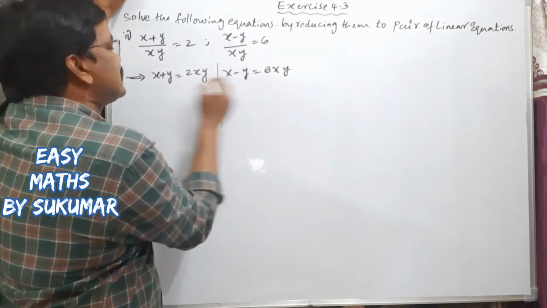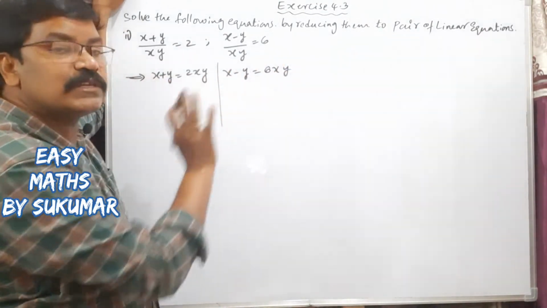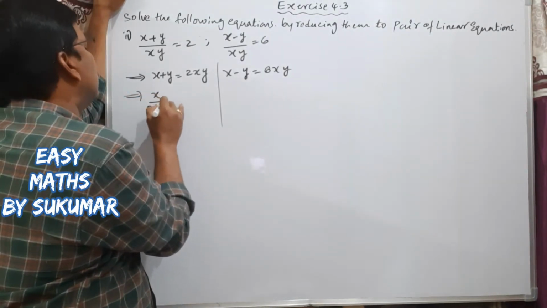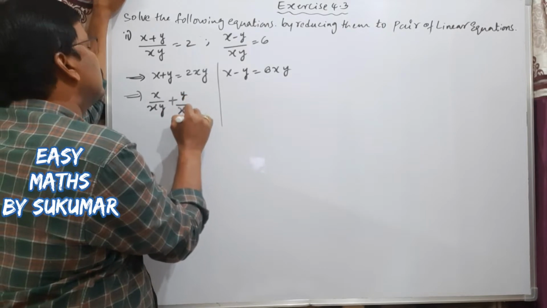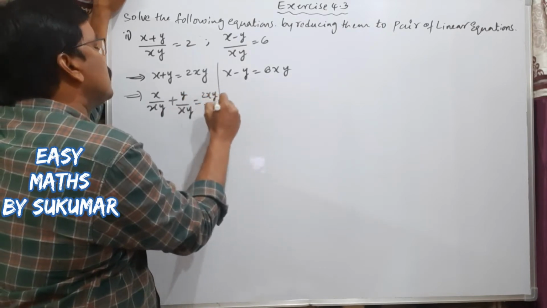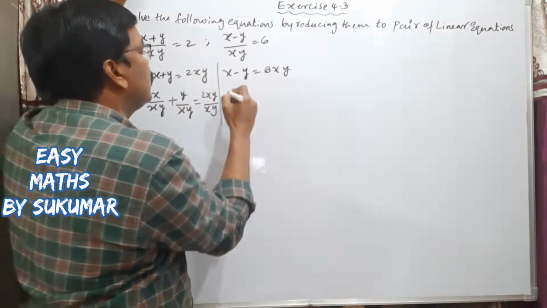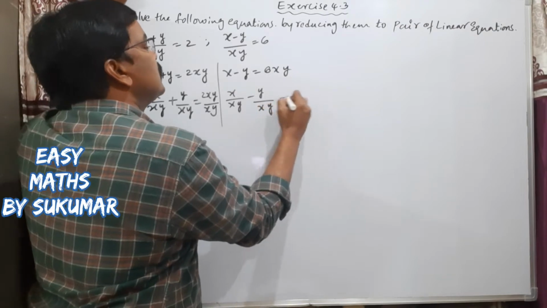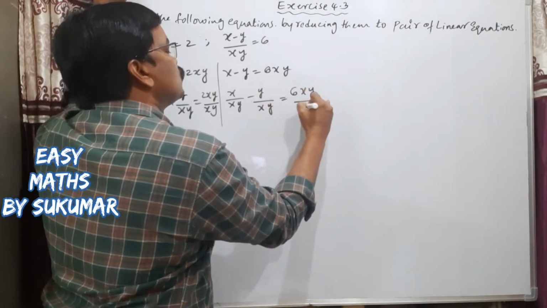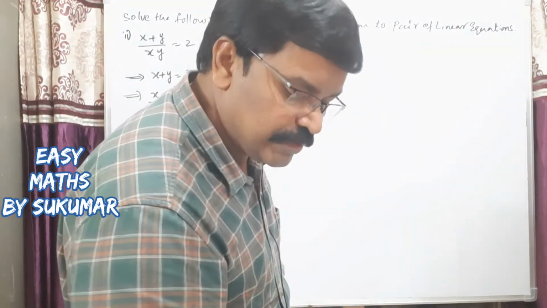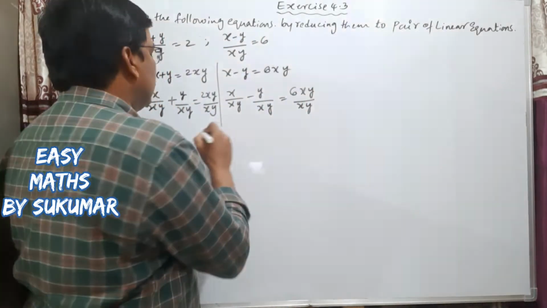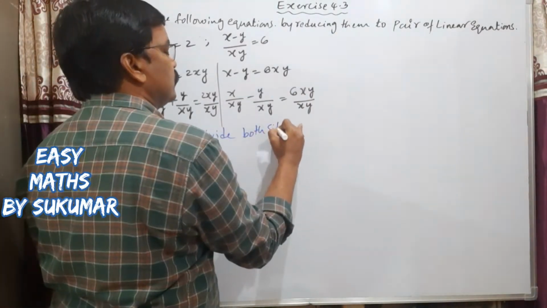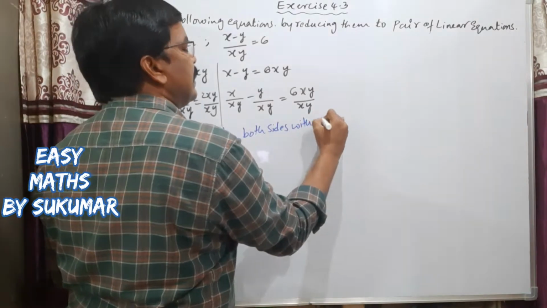Now what we do here, just divide these entire equations by xy. That means x by xy plus y by xy is equal to 2xy by xy. Similarly here also, x by xy minus y by xy is equal to 6xy by xy. That means what I did here my dear students, I just divided both sides with xy.